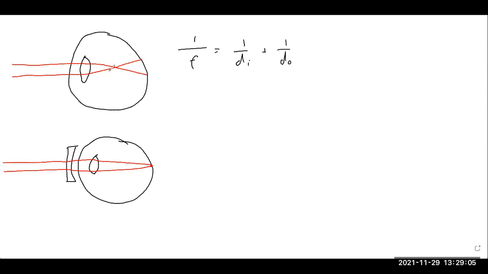But they don't focus on the back of the eye, they focus in front of the back of the eye. So if you're looking at something that looks really, really small, its light is blurred out over a segment of the back of your eye.